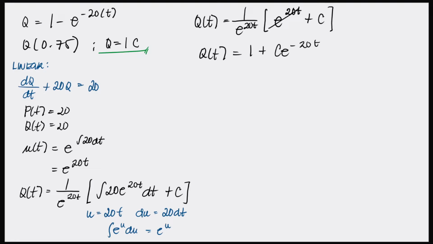Solving for the value of c, let's substitute our initial condition: when t is equal to 0, I is equal to 0.